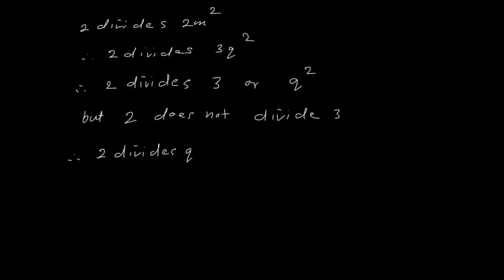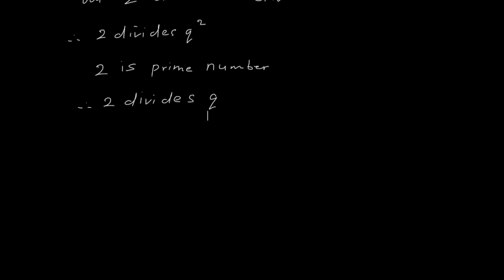So therefore 2 divides q square. Now 2 is a prime number. Therefore 2 divides q. So 2 divides p as well as 2 divides q. So therefore 2 is a common factor of p and q.